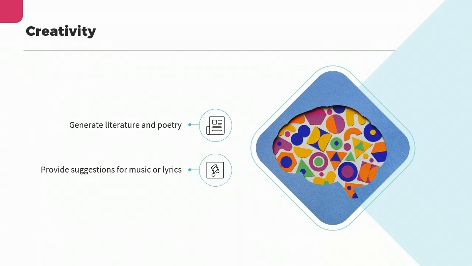This means it can assist in music composition by providing suggestions or ideas in response to user prompts. This list is by no means exhaustive. New use cases that leverage the powerful capabilities of this tremendously powerful technology are being found every day.